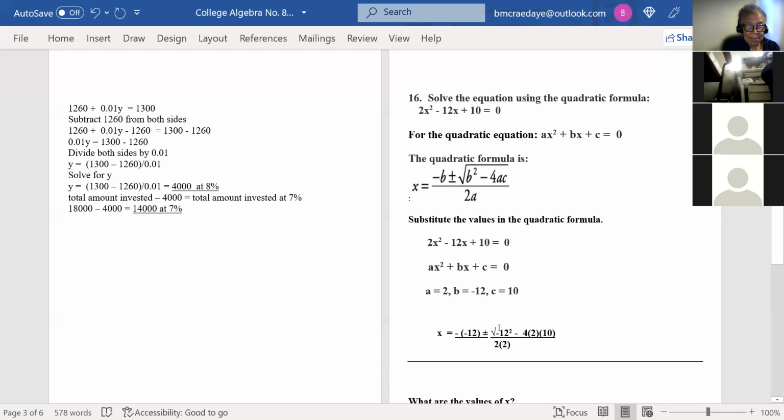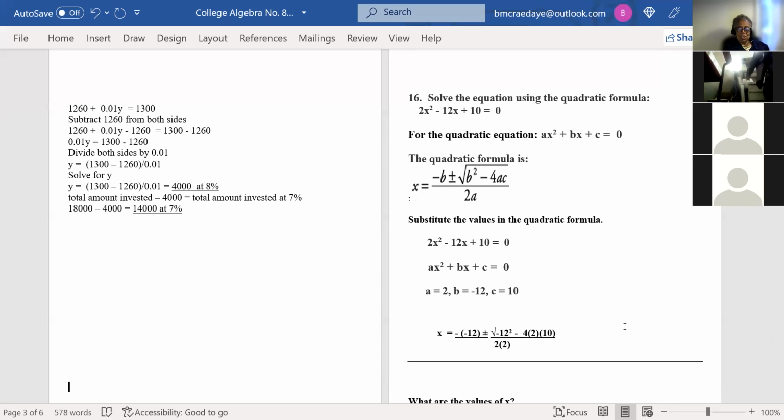Plus or minus square root, B squared is minus 12, so that's minus 12 squared, minus 4AC. A is 2, C is 10. So that's 4 times 2 times 10 divided by 2A. A is 2, so 2 times 2. That's the substitution. That's the first part of the 16.